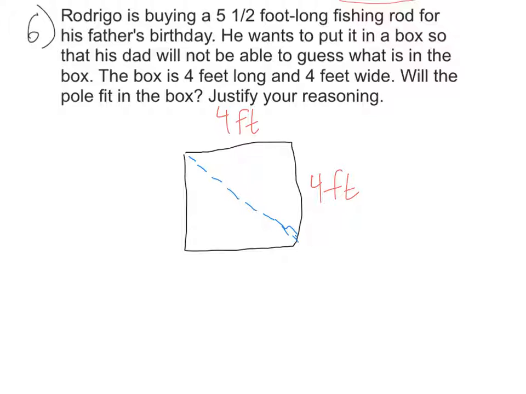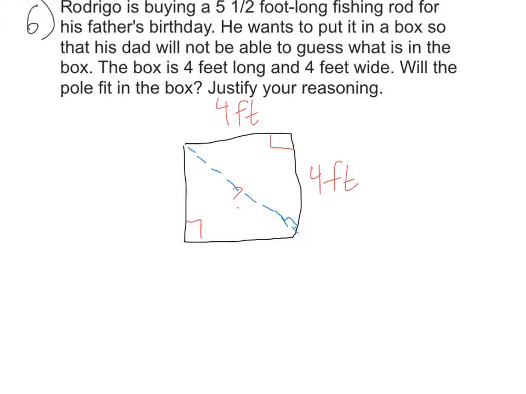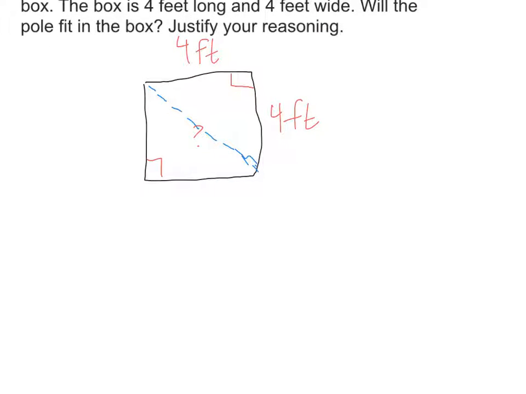Okay, these do form right triangles here. Remember, boxes or squares have 90-degree angles in each corner. So we can use that information then to figure out what this distance is from one corner to the other. So let's use the Pythagorean Theorem. It says a squared plus b squared is equal to c squared.